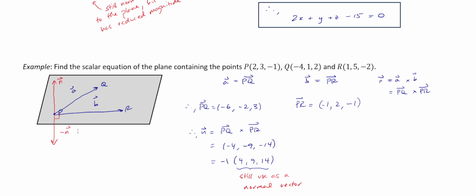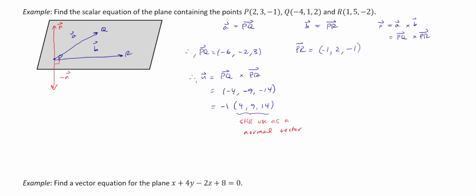Okay, so what I'll do right there is use these components: 4x plus 9y plus 14z plus d is equal to 0. I sub in a point. In this case I'll just sub in the first point that's given to me, 2, 3, -1.